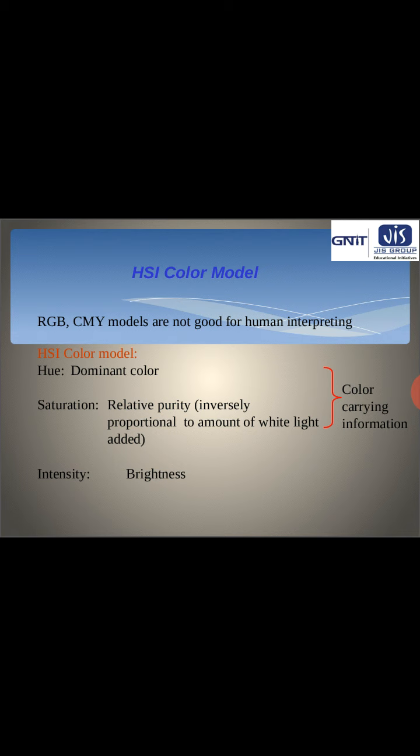For the HSI color model, hue is the dominant color, and saturation is the relative purity, inversely proportional to the amount of white light added. So hue and saturation are the color carrying information, and there is another term, intensity, that is related to brightness. So this is all about the HSI color model, which is very important in color image processing.